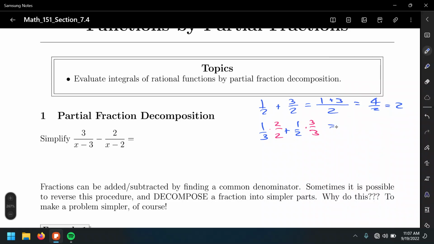In this case, that's going to be a 6. 1 times 2 is 2, plus 3 times 1 is 3. That's 5 over 6. In the same way, we handle rational expressions or fractions, but in this case involving variables.